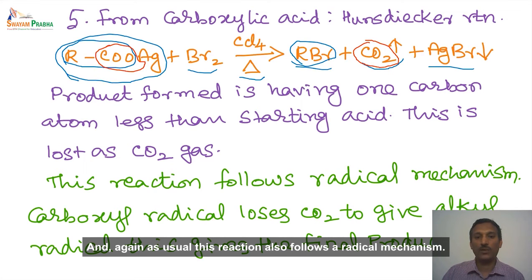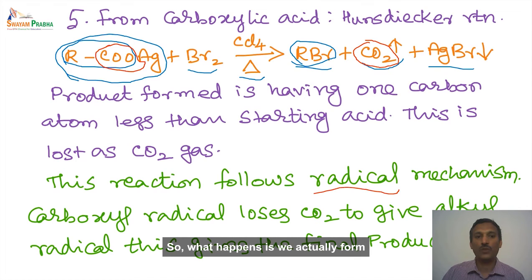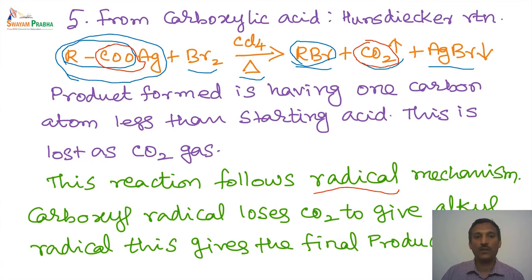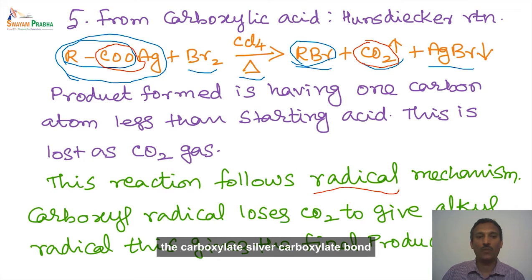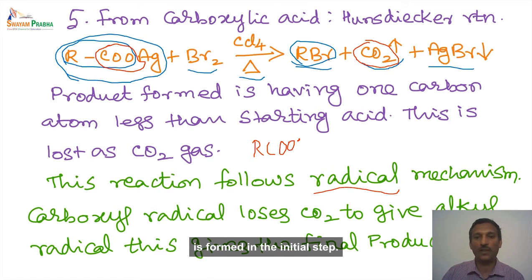And again, as usual, this reaction follows a radical mechanism. The silver carboxylate bond is homolytically cleaved to give a carboxyl radical. So the RCOO radical is formed in the initial step.